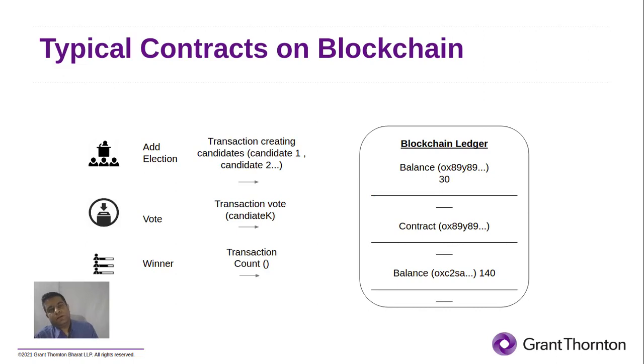Typically, when we talk about, let's say, an election contract, the basic functions that it might have are adding elections. Once an election is added with the candidates, then letting others vote on the candidates, and then finally counting all votes to decide a winner. So these are exactly the transactions that can be operated upon when we are implementing the voting contract.